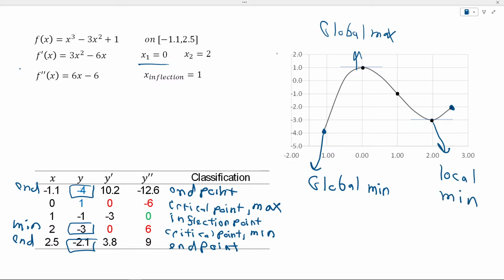Let's say this is the function that I want to optimize. If I want to find the minimum value, that would be the minimum value. If I want to find the maximum value for this function, that would be the maximum value. Okay, so basically that is what it is.